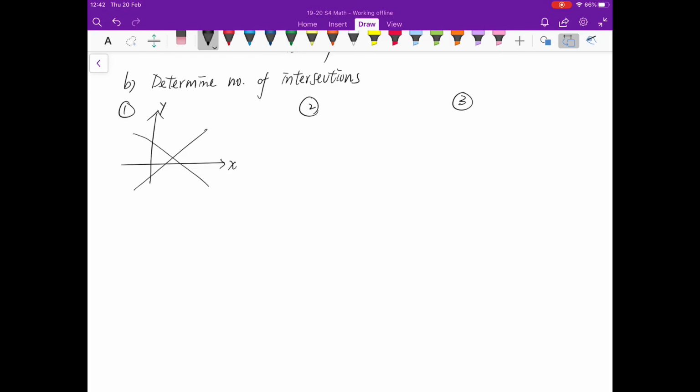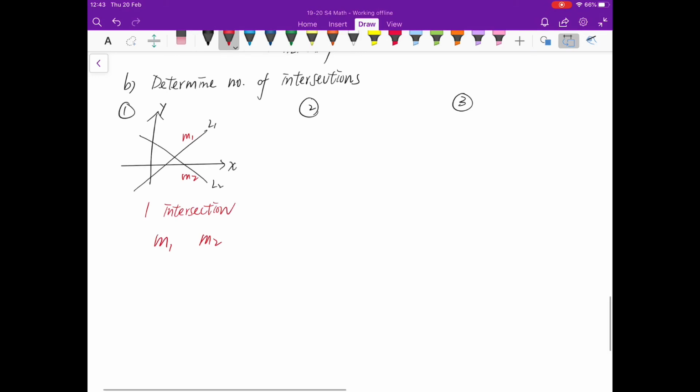The first case, the two straight lines L1 and L2 intersect at one point. So we can conclude that there is one intersection. Mathematically, we will use the slope to identify it. That is, the slope of L1 is m1 and the slope of L2 is m2. And because they are two different lines, they have different slopes.